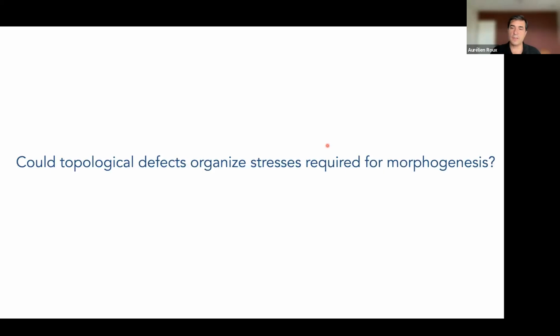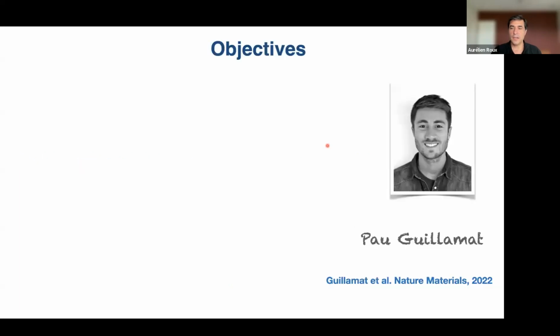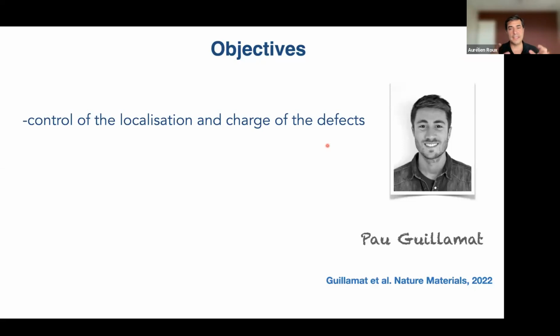That was the starting point that we imagined for the study. Pao Ahmad was a brilliant postdoc in the group, and he started with this idea by designing an assay where he could control the localization and the charge of the defects, and concentrate the stresses enough so that instead of seeing, for example, extrusion, he would see deformation of the entire tissue, essentially.